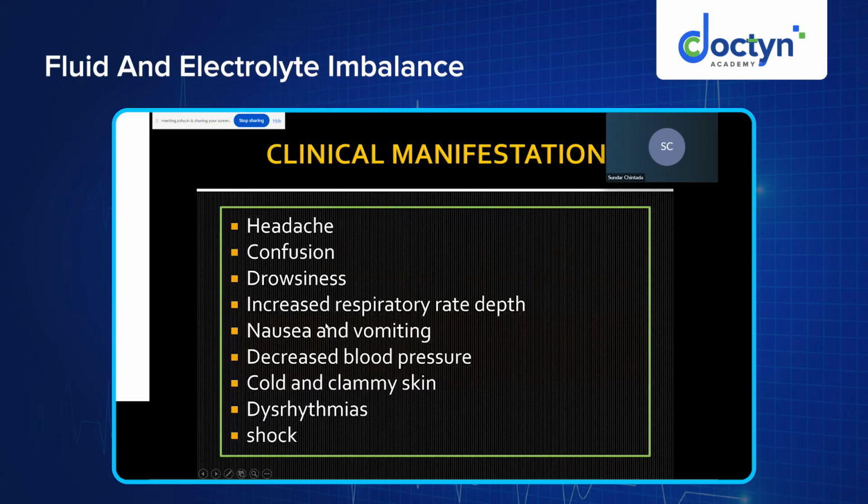What can the patient present with in metabolic acidosis? Headache, confusion, drowsiness, increased respiratory rate and depth, nausea, vomiting, lower blood pressure, dysrhythmia, shock, and cold and clammy skin.